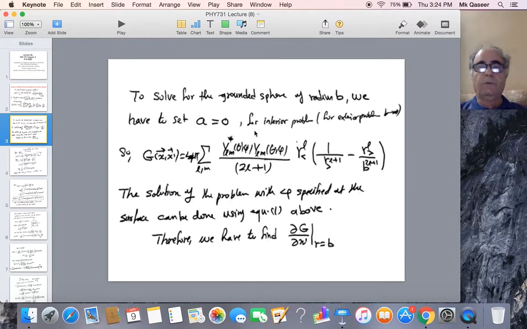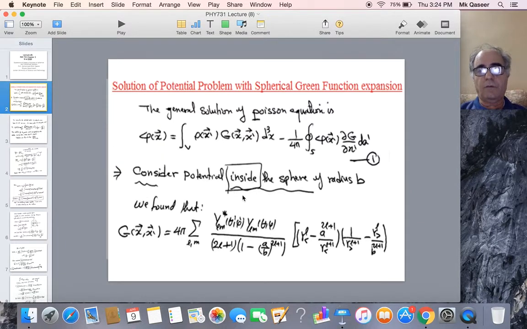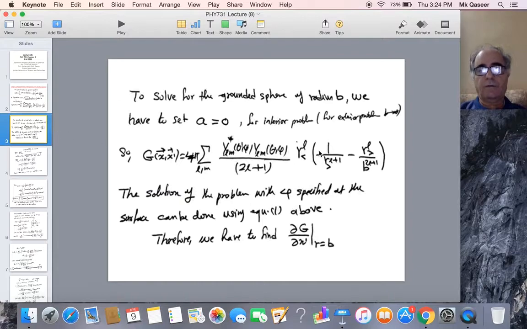Now, to get one sphere, we have to let A equal 0 in the previous expression. So we are left with one sphere of radius B. Therefore, the Green's function reduces to this form.